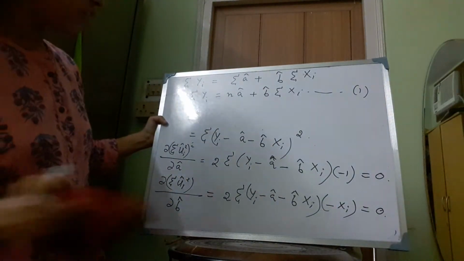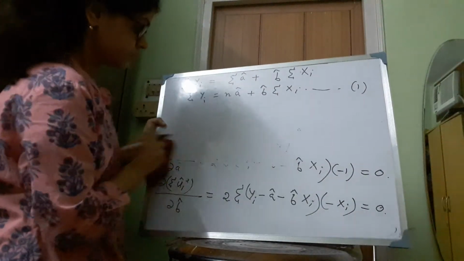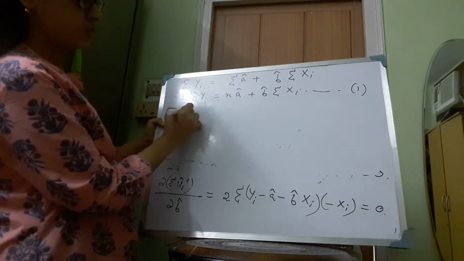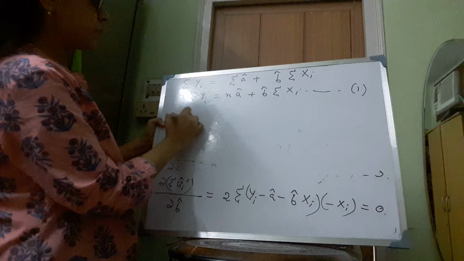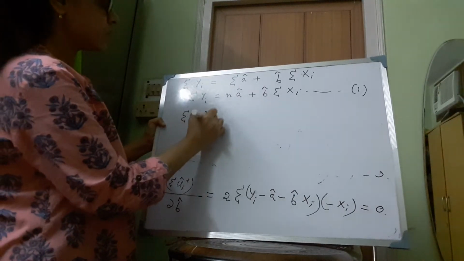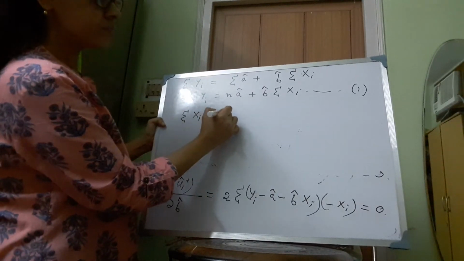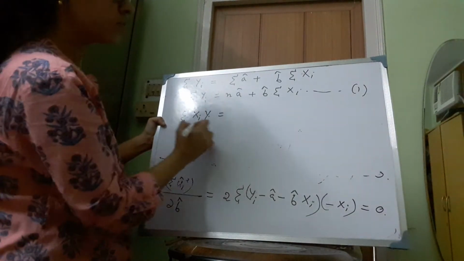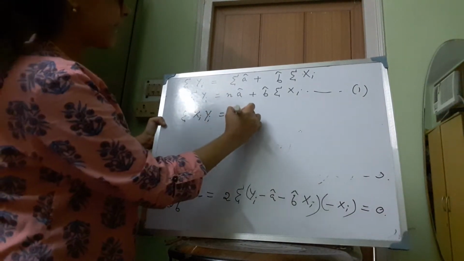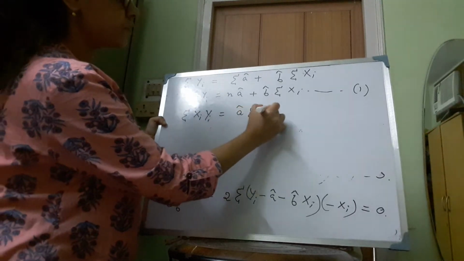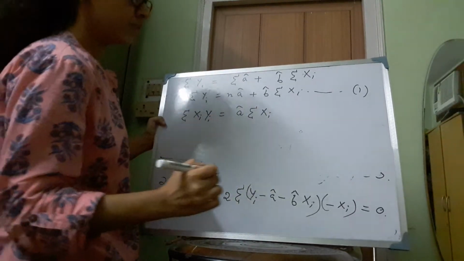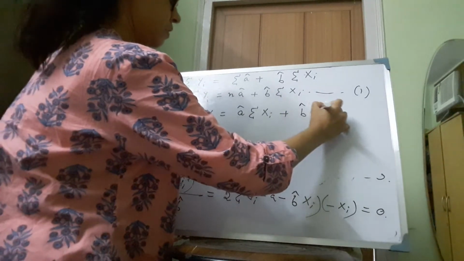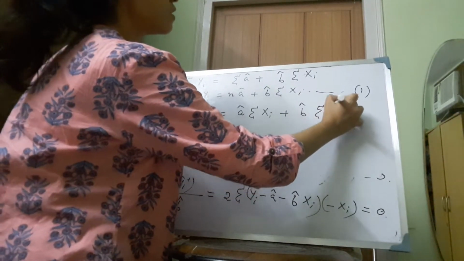And then from the second first order condition, I get summation of xi yi is equal to a hat summation of xi plus b hat summation of xi square.